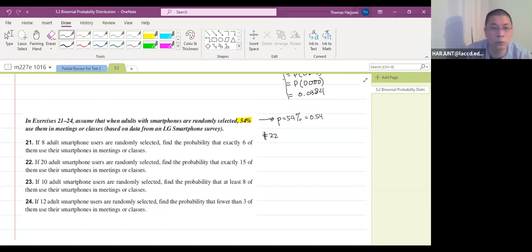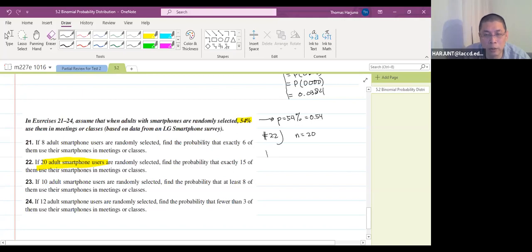In number 22, if 20 adult smartphone users are randomly selected, that's our N. Find the probability that exactly 15 of these 20 use their smartphone in meetings or classes.